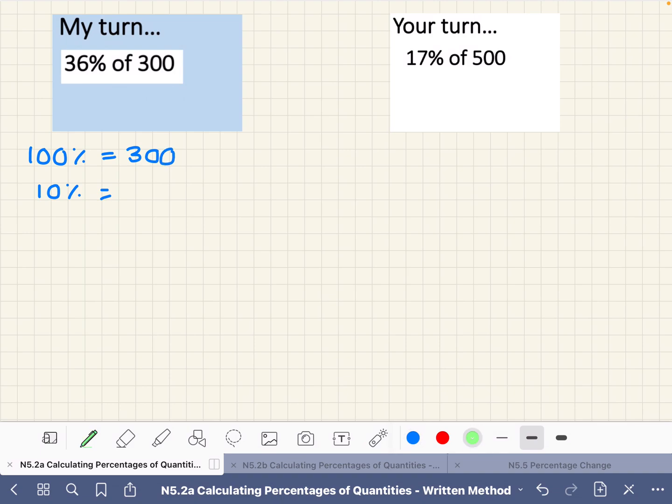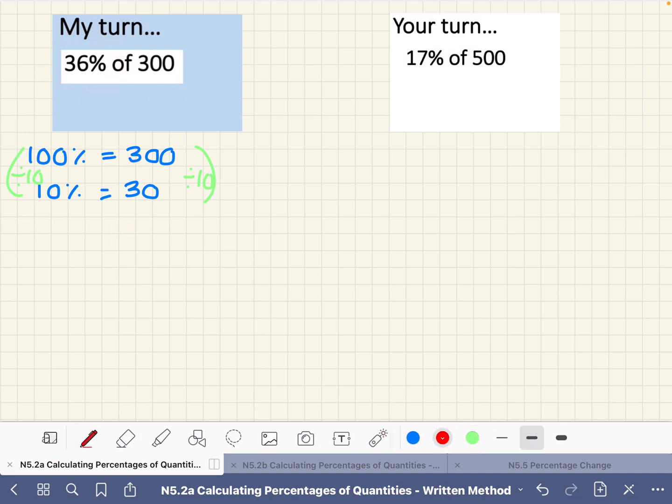We calculate 10% by dividing 100 by 10, which means we're also dividing 300 by 10. That gives us 300 divided by 10 is 30.